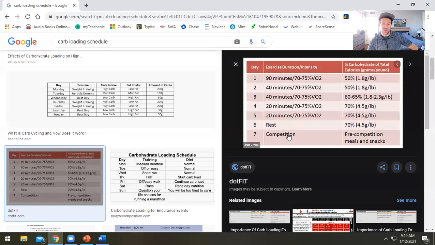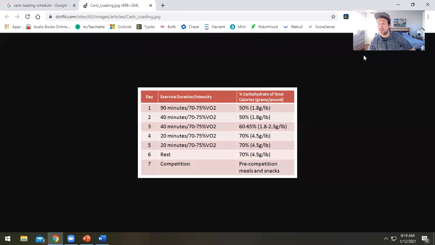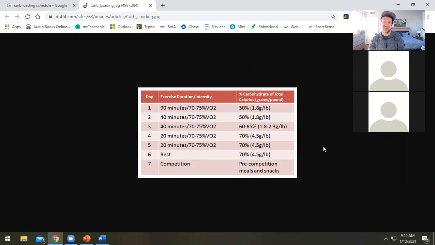What's funny is that on the very beginning, you actually deplete your glycogen stores on purpose. Because that gets your body in this state where it's like, oh God, I'm not getting any carbohydrates. It kind of freaks out a little bit. And so your body's like, next time I get some carbs, I'm going to keep all of them.